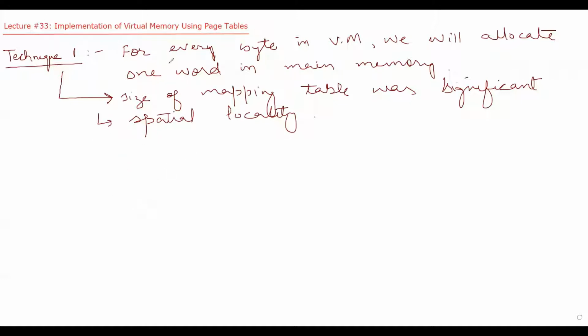Okay. So what are we doing in that particular technique? Let's suppose we have a process, process 1, and we have process 2. These processes have been created and our operating system or our processor assumes that this process takes 4 GB of virtual memory and this process also has 4 GB of virtual memory.